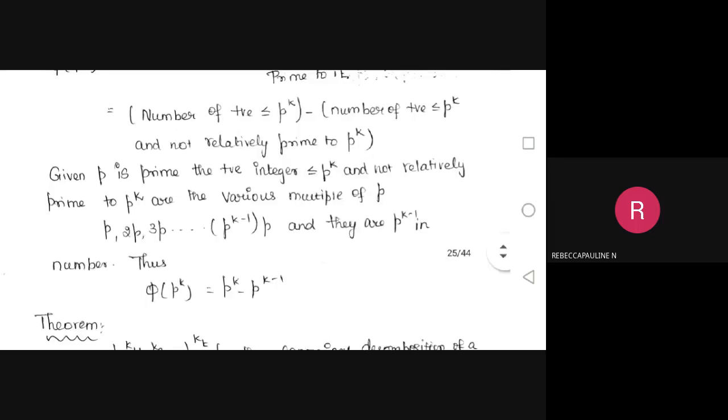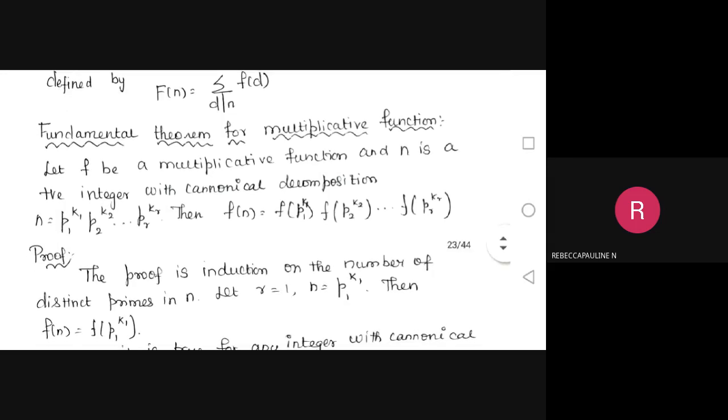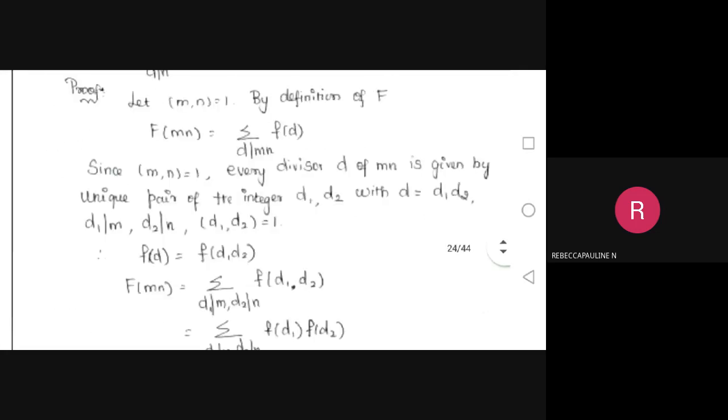You know the statement: if n is equal to p1 power k1 into p2 power k2 up to pr power kr, then f of n is the product of the function applied to each prime power: f of p1 power k1 into f of p2 power k2 up to f of pr power kr. This fundamental theorem will be applied here.